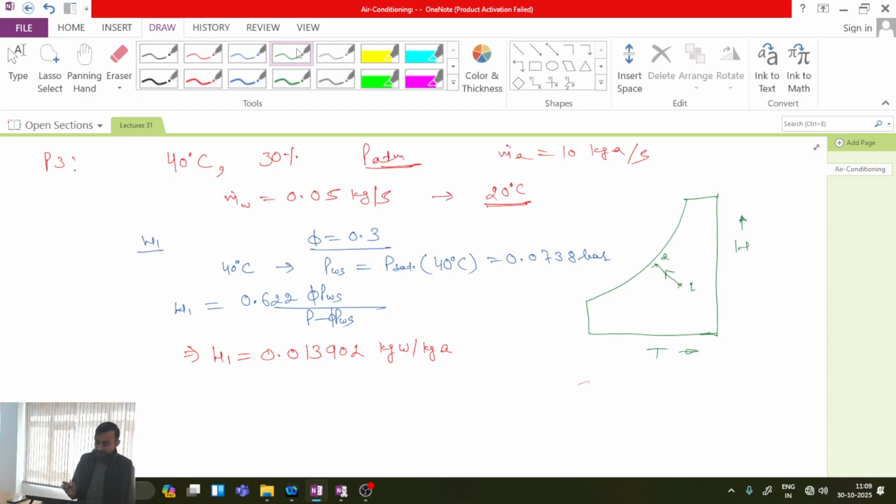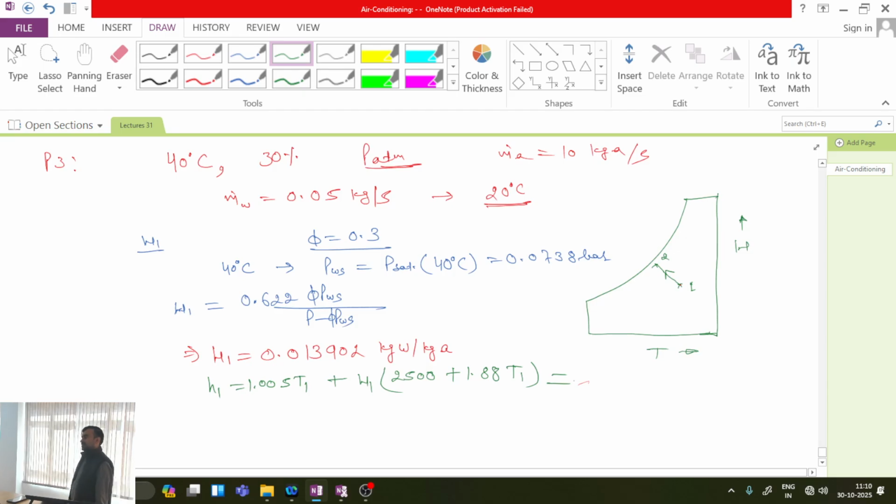How to calculate enthalpy? Now, what will be enthalpy? Please tell me. You must tell me now. Calculate the value and let me know what will be enthalpy.